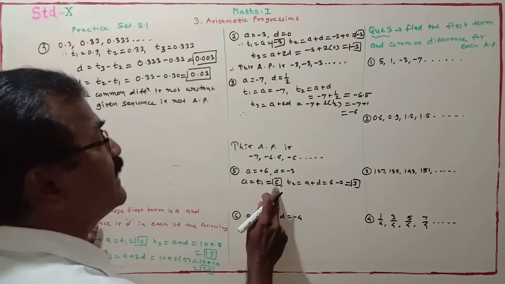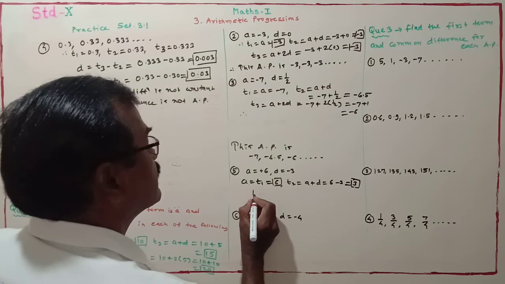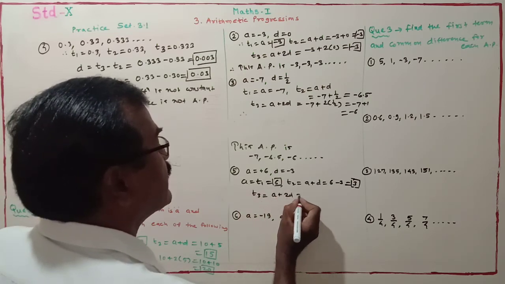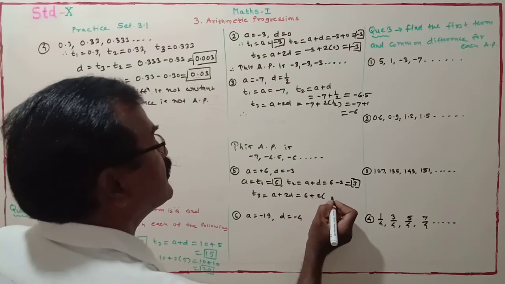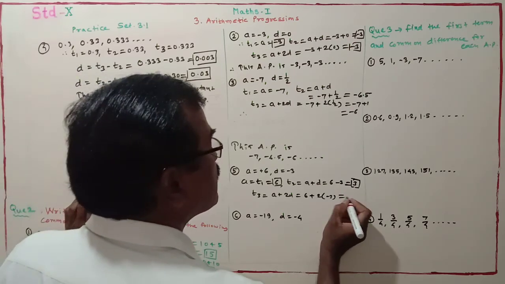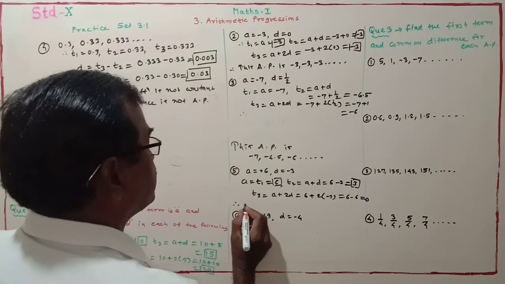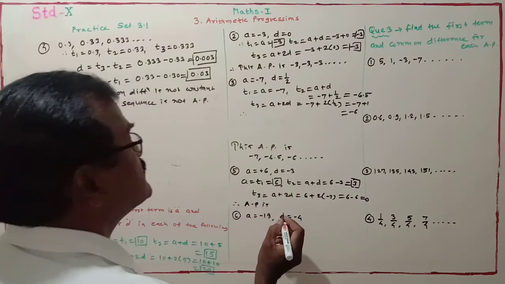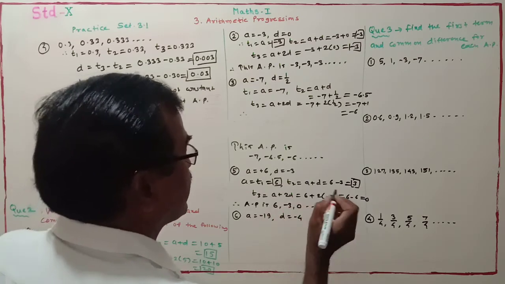First term is 6, second term is 3, T3 is A plus 2D, A is 6, plus 2 into D is minus 3, means 6 minus 6 is 0. Therefore, AP is 6, 3, 0, etc.